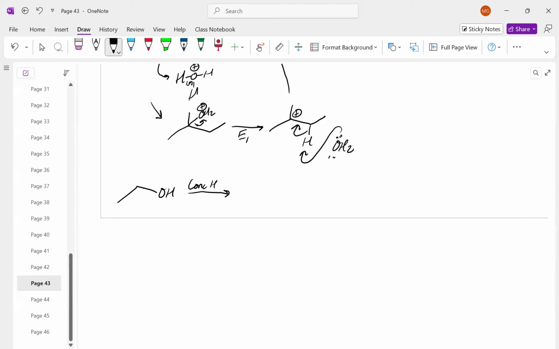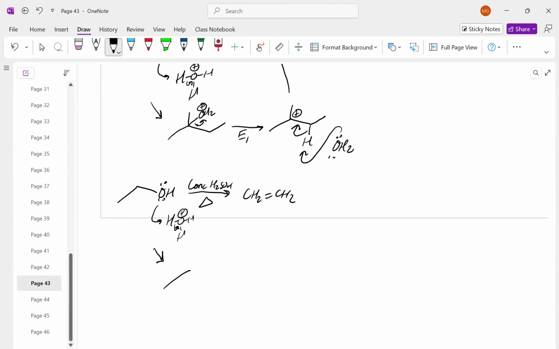Because a primary alcohol will do an elimination. But do you think this will go through an E1? Go back a couple pages in your notes. Can you do an E1 on a primary? No, because you have to form a carbocation. So what other possibility is there? Well, we can still do an elimination.